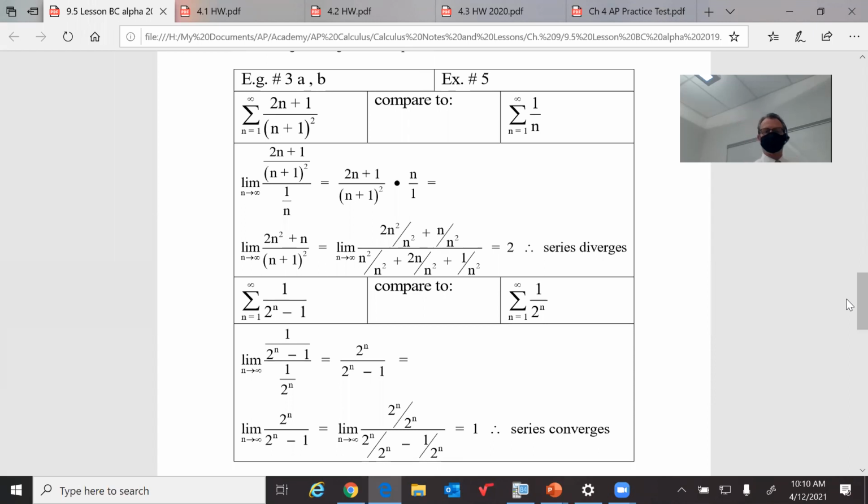3a, this is the example that was on the PowerPoint. So we're going to compare this thing to the harmonic. What do we get?